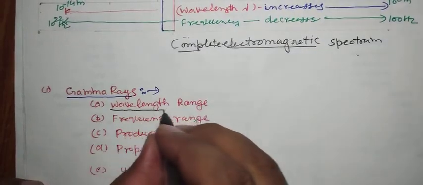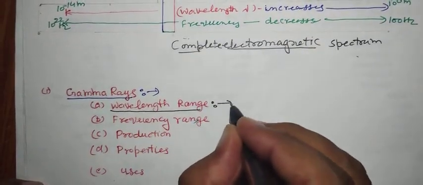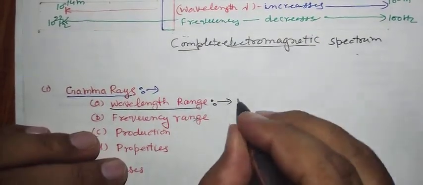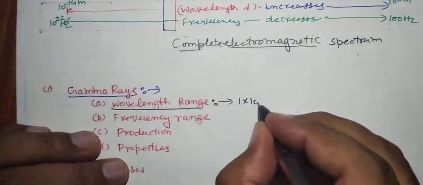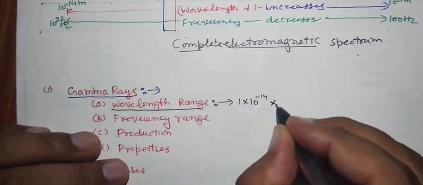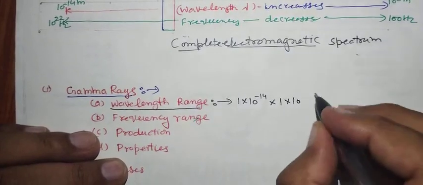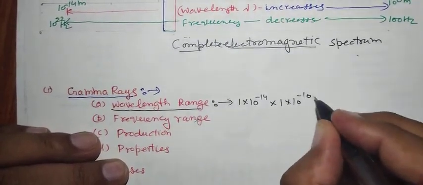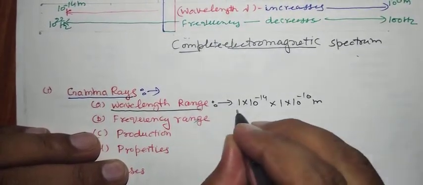The first point is wavelength range. The wavelength range is, as I told, from 10 to the power minus 14 to 10 to the power minus 10 meter.